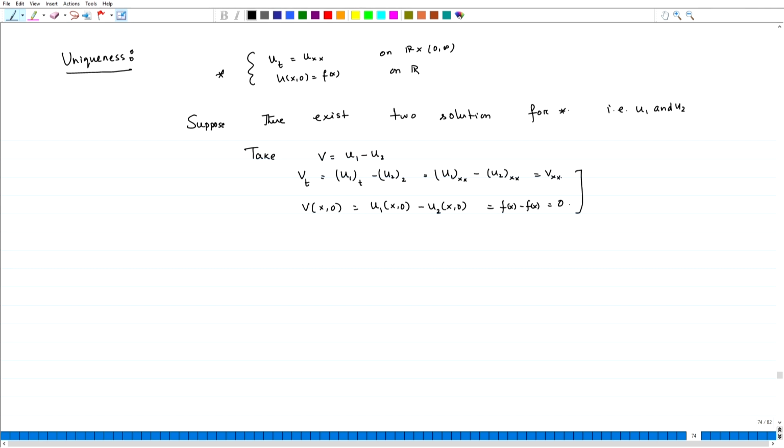So, this essentially says that if we can prove that v_t equals v_xx, v(x,0) is equal to 0, on the boundary on R cross (0, infinity), then v identically equal to 0 is the only solution.